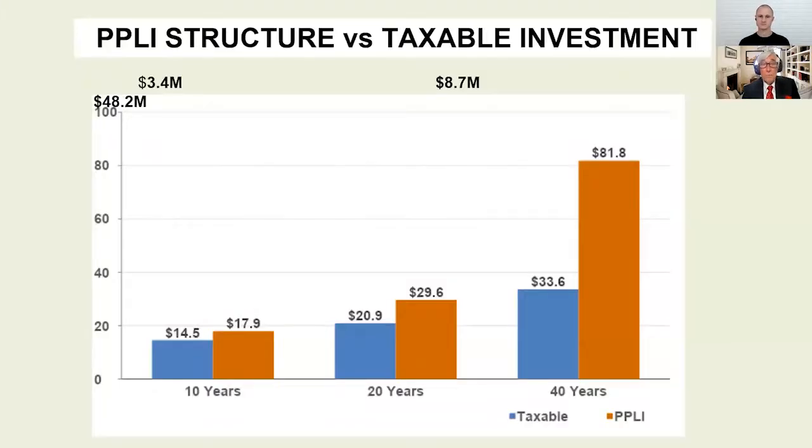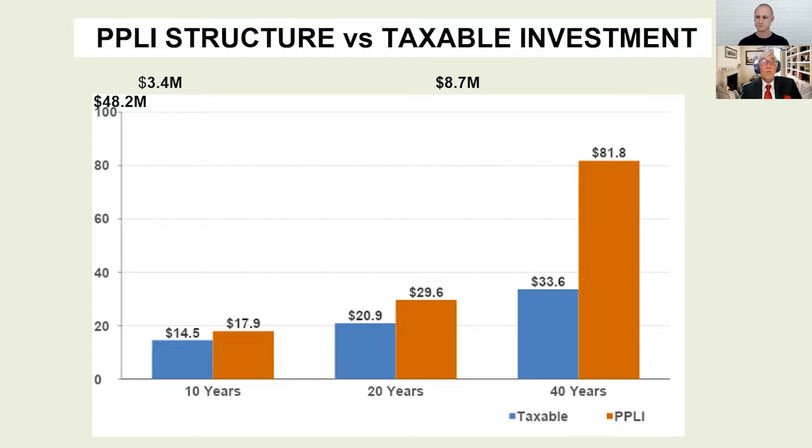So here's our chart. We have 3 columns, 3 different time periods: 10 years, 20 years, and 40 years. After 10 years, there's $3.4 million more on the PPLI side versus the taxable investment. After 20 years, it's 8.7 million. And I apologize for the chart here: that 48.2 should be over the 40-year column.